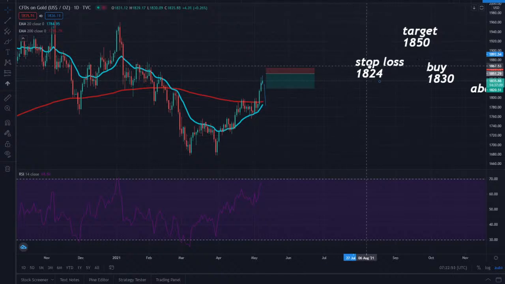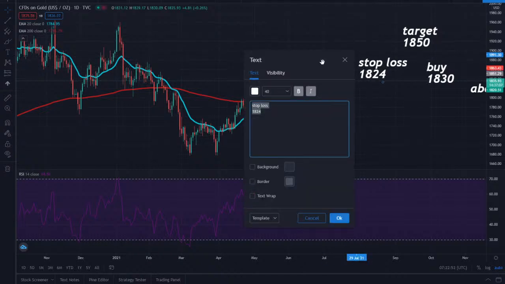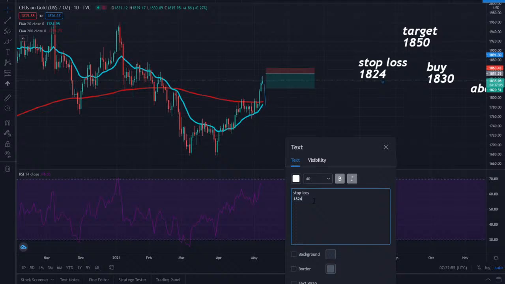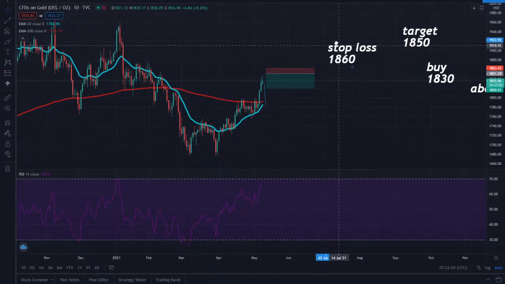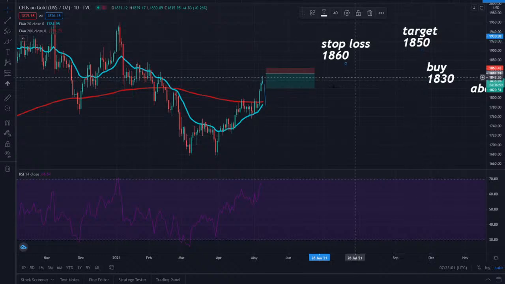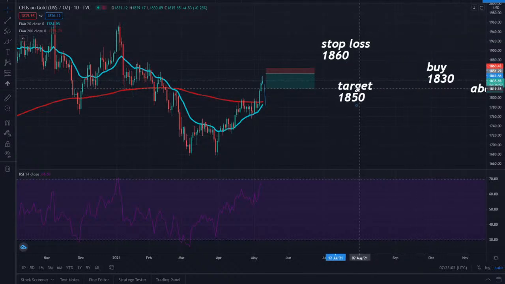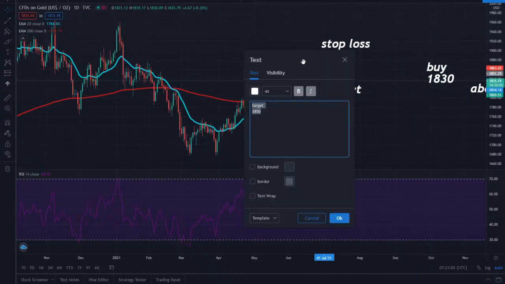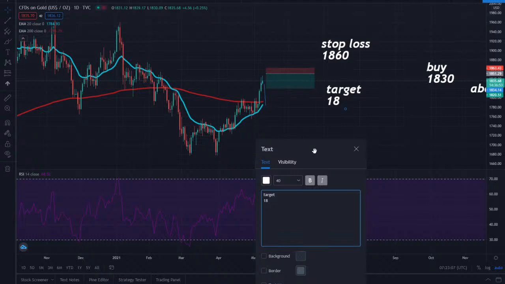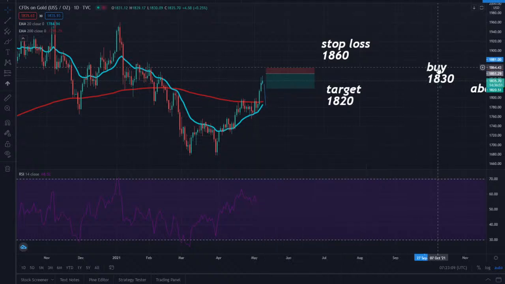Let's change this one. Stop loss 1860. Target 1820. Buy.